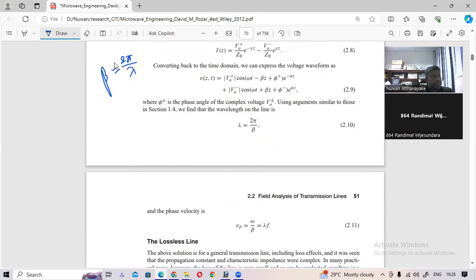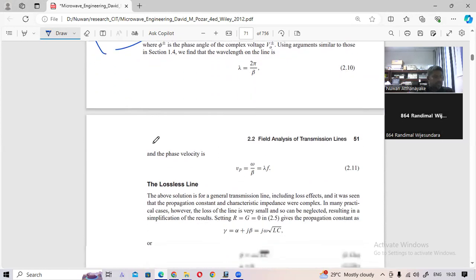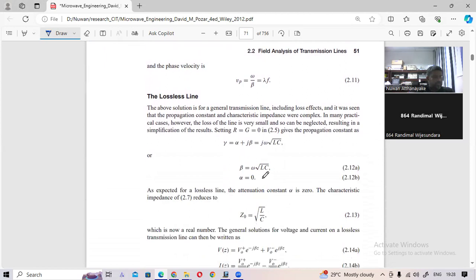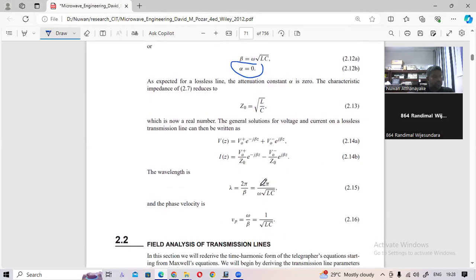So for a lossless line, alpha is equal to 0. Then our general voltage and current value will be like this.